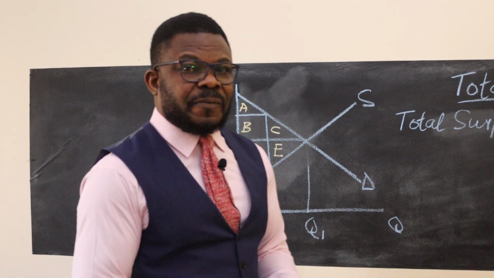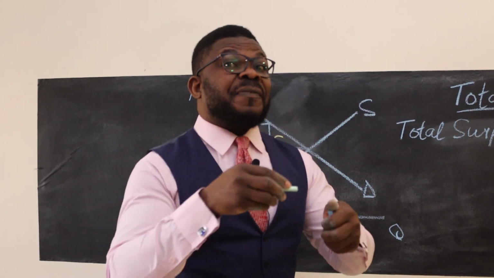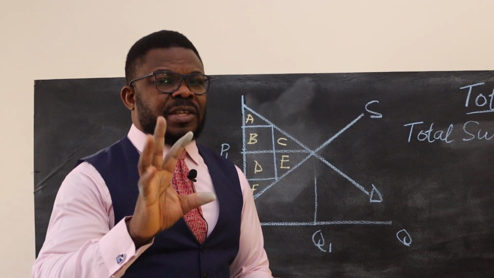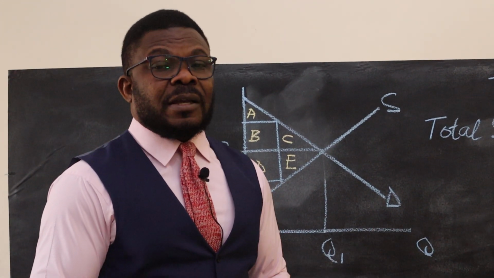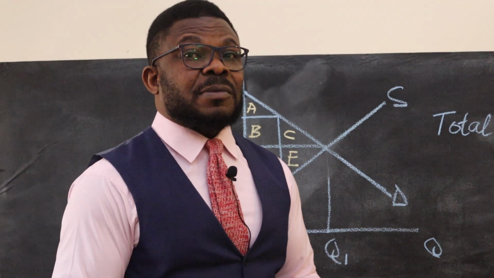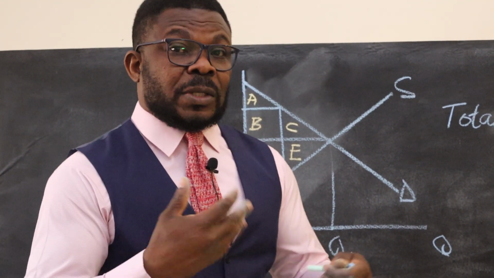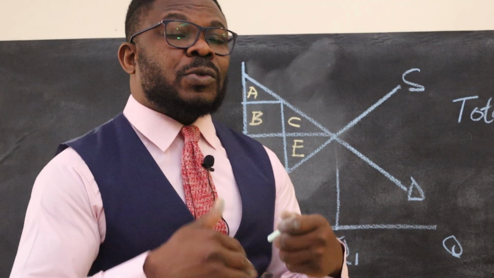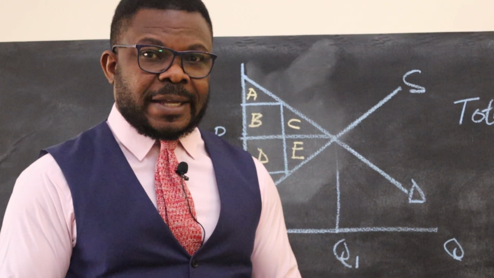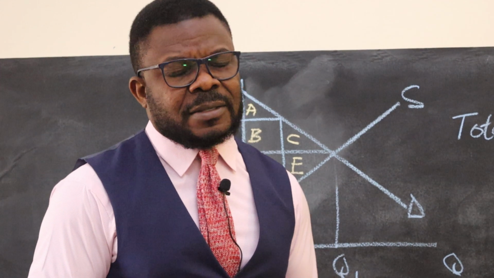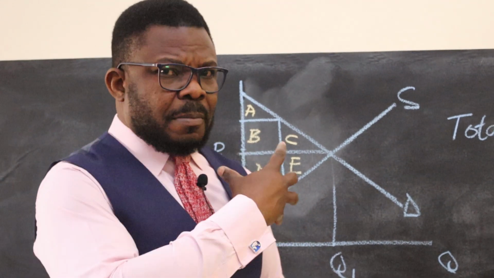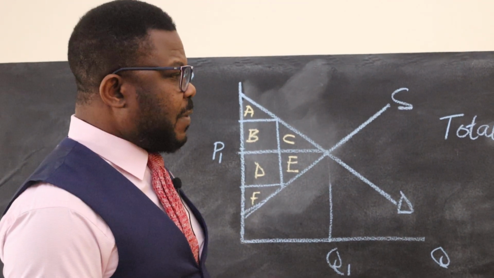But let's work out, first of all, what the total surplus is before tax. There are three things we're going to be looking at: the consumer surplus before tax, the producer surplus before tax, and then the total surplus. After that, we will do another analysis to look at what happens after the government has imposed some tax on this particular market activity.